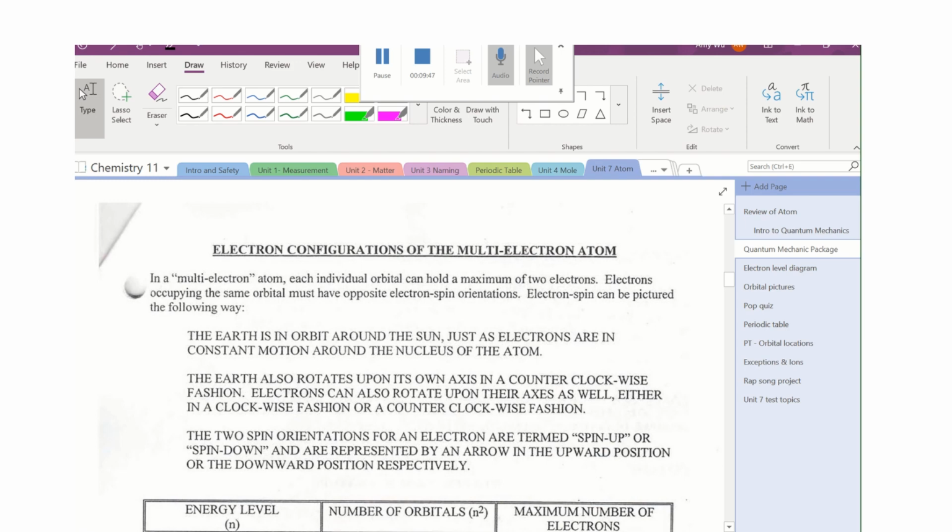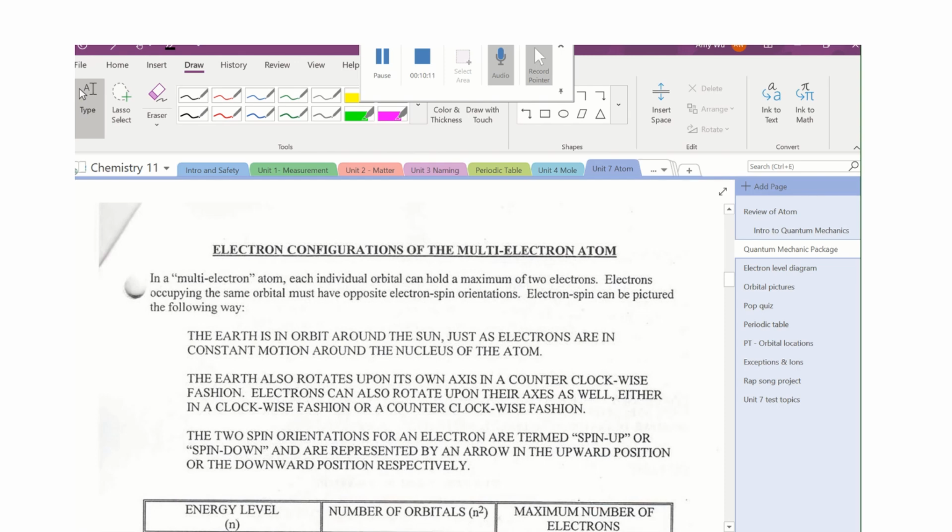Now, the key thing that you're going to get out from this package is how you're going to fill electrons on all these complicated, weird-looking orbitals. Remember in the Bohr diagram, you guys know how to fill those diagrams, right? You start with the first shell is 2 electrons, second shell is 8, and then 8, and then 18, and so on.